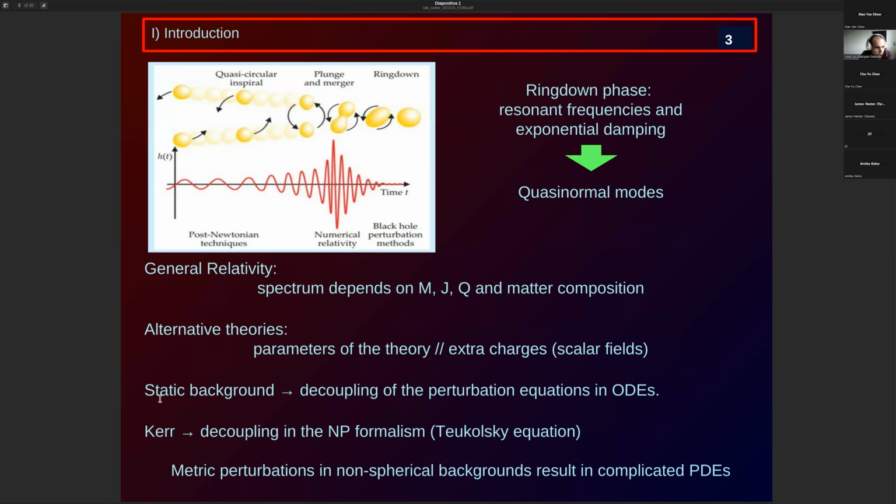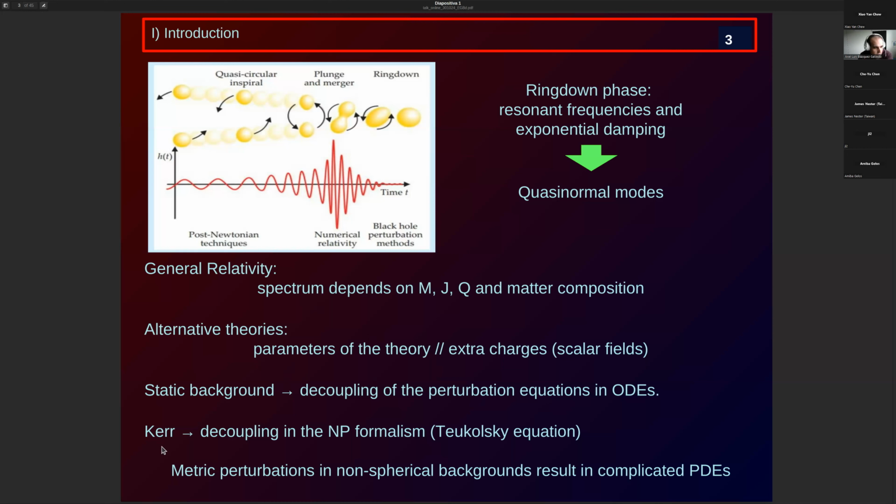If you consider a static background, well, you have spherical symmetry, and then the perturbation theory can be simplified greatly if you choose the right ansatz and the right gauge, and you can decouple the perturbation equations into a system of ordinary differential equations. Essentially, you can study the problem as an eigenvalue problem, like typically some Schrödinger equation, no, in GR, for example.